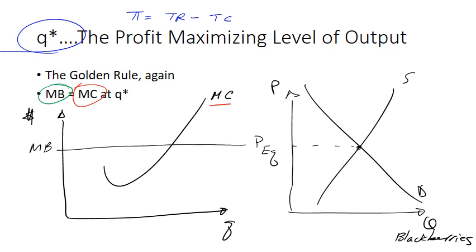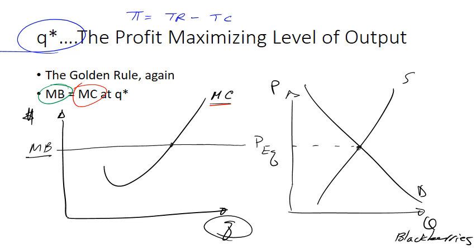Our production has no influence over the market price. We're too small to matter. That's the assumption we're making. Therefore, what this firm is trying to decide is the quantity of blackberries to produce, and they are weighing what they get out of selling another unit of blackberries against the cost of harvesting another unit of blackberries.